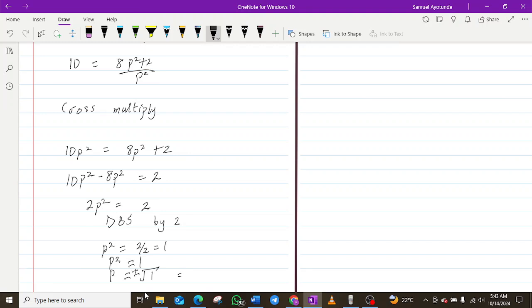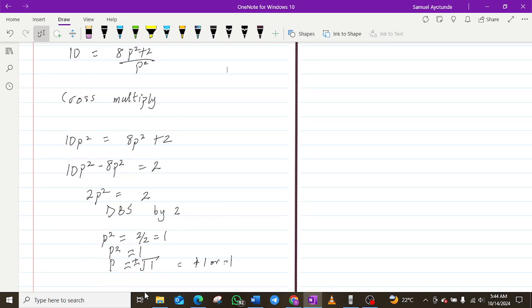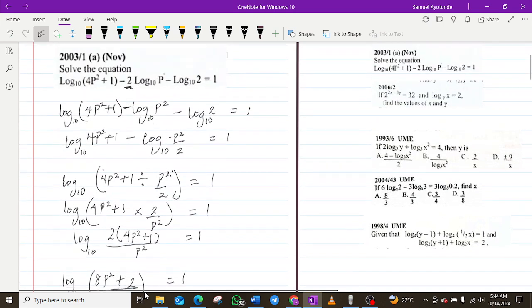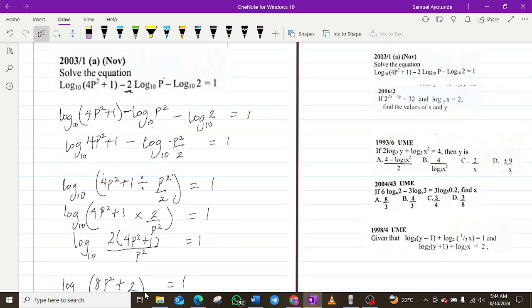So our answer is plus 1 or minus 1. The option can provide one of these two answers. So, okay, it's a theory question. So, answer is plus or minus 1.